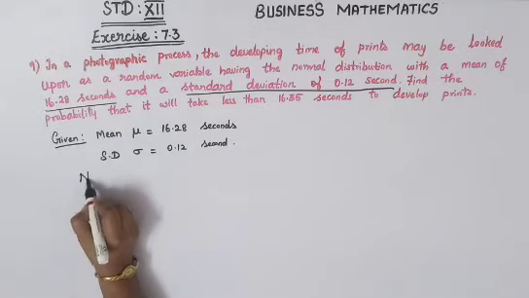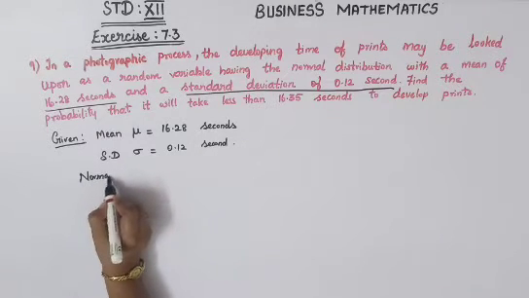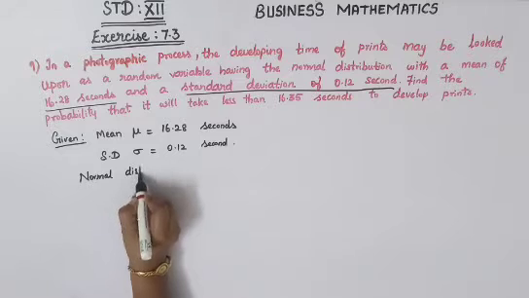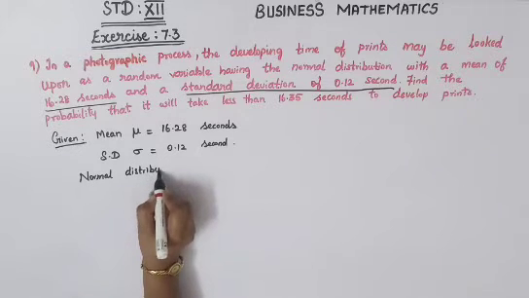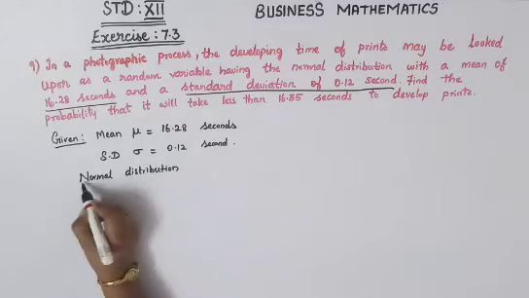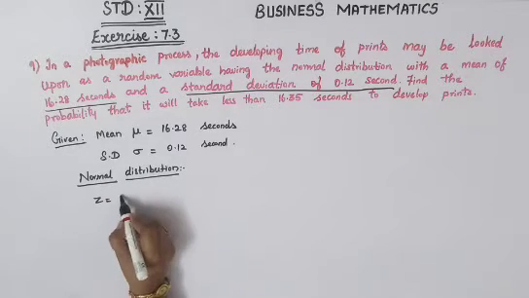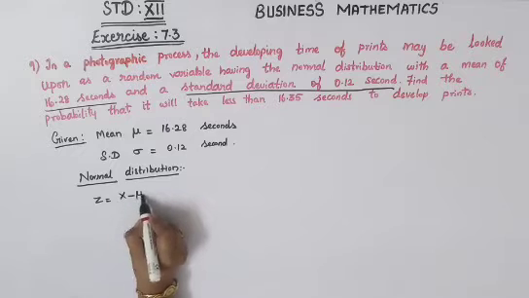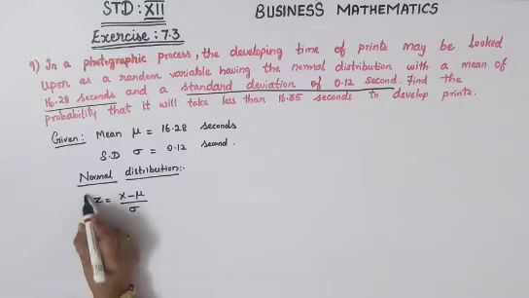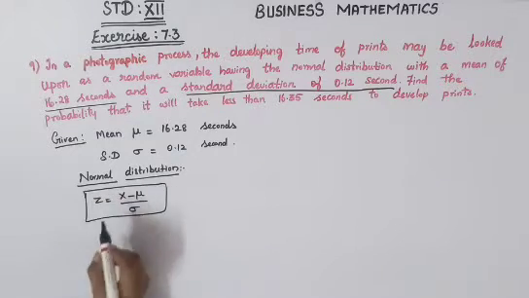The normal distribution formula is Z is equal to (x minus mu) divided by sigma. So this is your normal distribution formula to find Z.